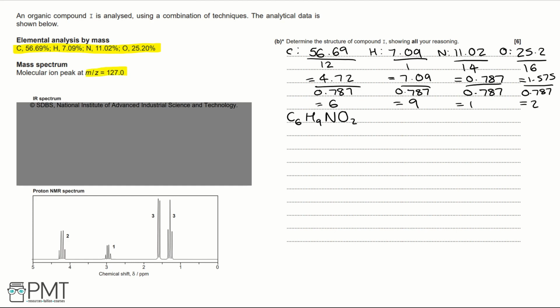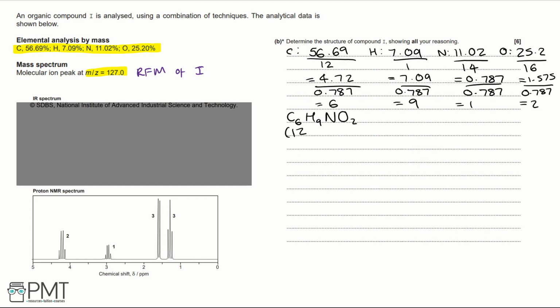Then we need to work out the molecular formula, and we do that using the molecular ion peak, which is going to be at 127. So that is the relative formula mass of our compound. So if we work out the relative formula mass of our empirical formula, we can either scale up or keep it the same. You can't scale down because empirical formula is the simplest way to write the molecular formula of a compound.